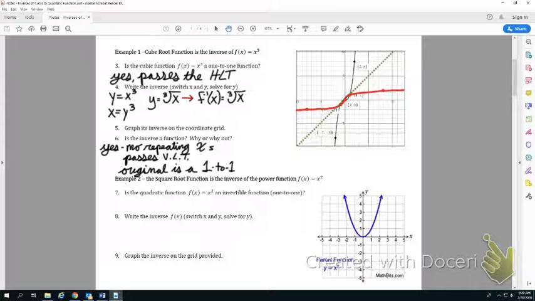Now, if you were to say that no y values repeated, you would want to say no y values on the original repeated. But saying that it was a 1-to-1 is the same.